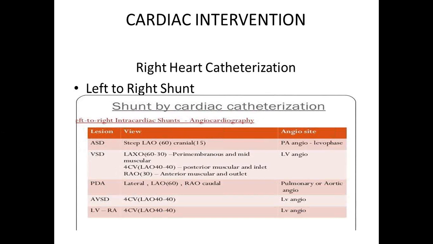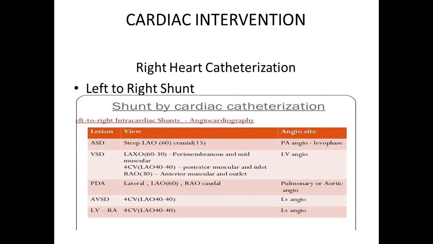It can be on the left side or the right side, and it can be 30 degrees. You can have a direct right atrial view, or your right anterior cranial, right anterior caudal, or right anterior oblique. So these are different views.